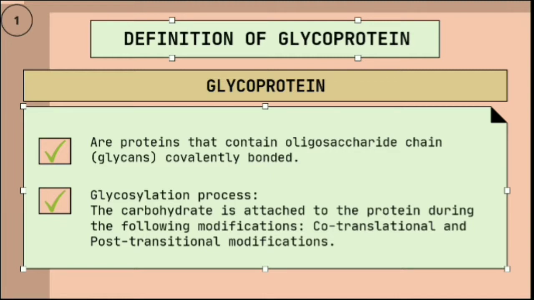On the other hand, post-translational modification is a covalent or enzymatic modification of proteins that occurs after translation, or after protein biosynthesis. Unlike co-translational modification that only occurs in the rough endoplasmic reticulum, post-translational modification takes place in several cell organelles, such as the Golgi body, endosomes, lysosomes, and secretory vesicles.